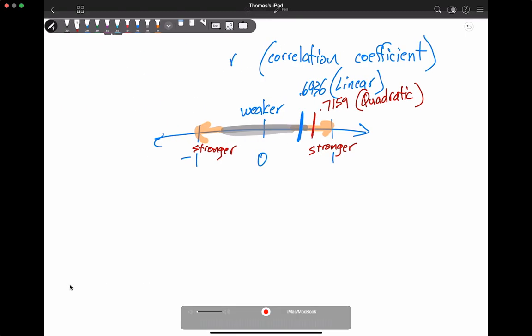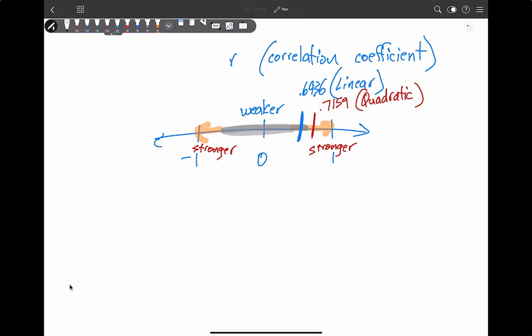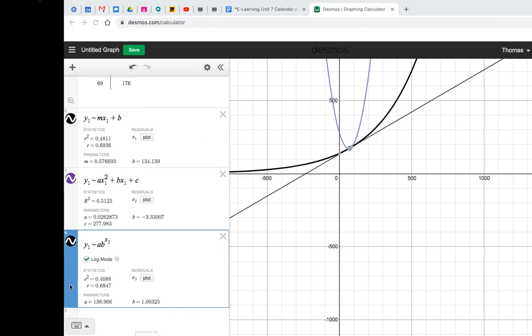So if I come back over here, 0.6847 is about here, and this is the logarithmic model. So this is even weaker than the linear one, because again, we want to get as close to 1 or as close to -1 for it to be stronger and more reliable. Okay, so it looks like this one is going to be quadratic.